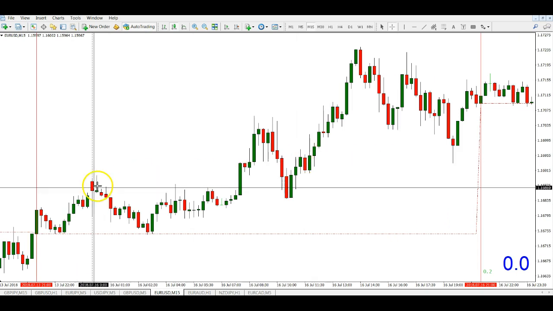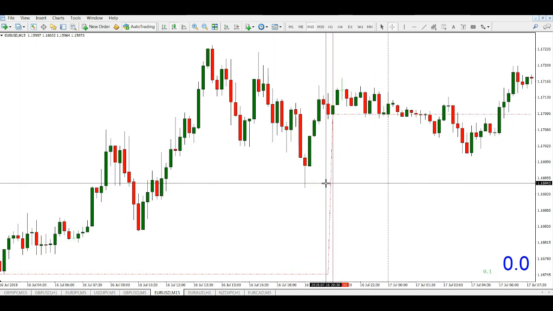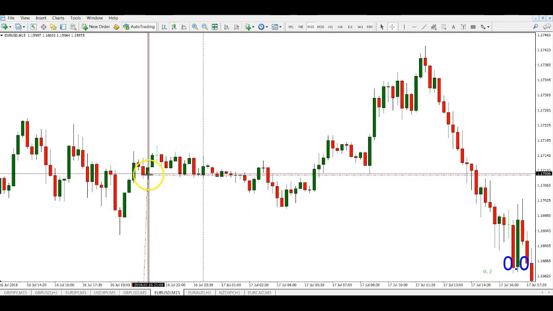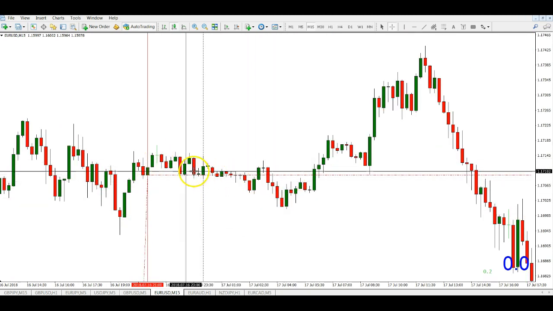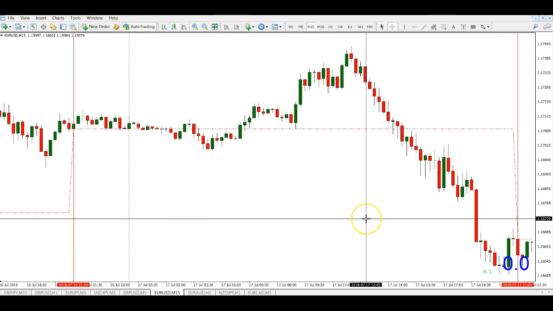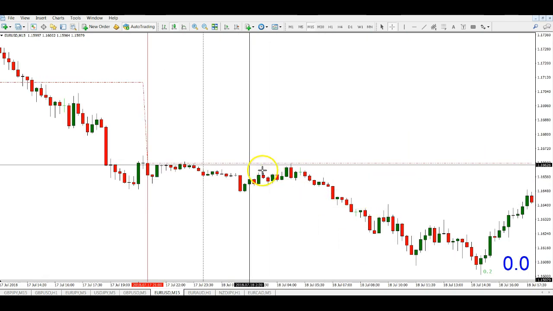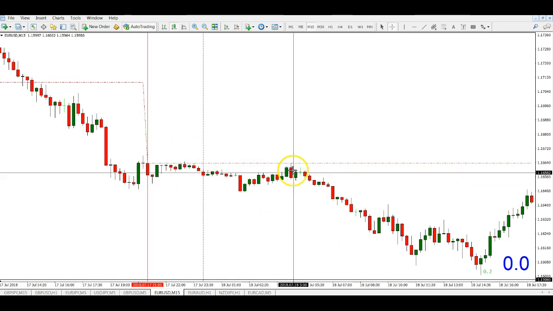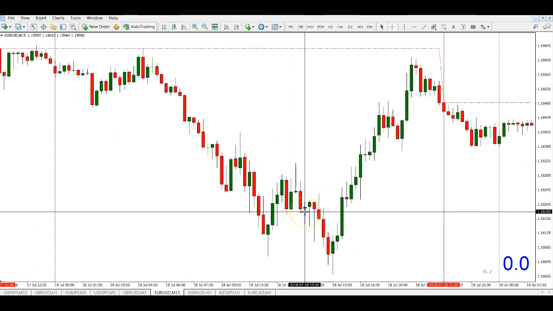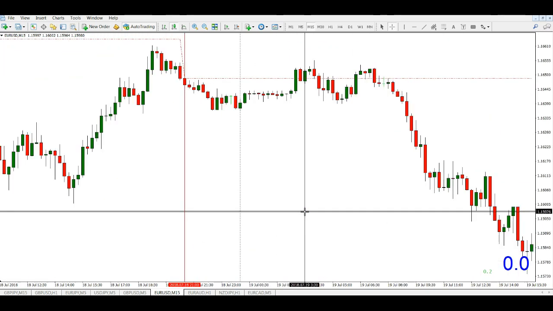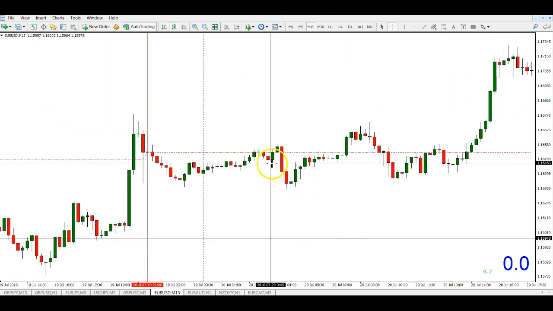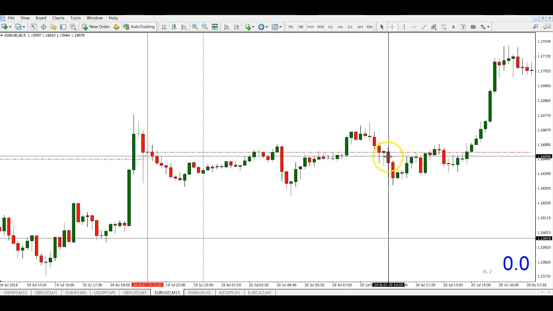I like to trade at 2 p.m. as well. See how all along here price reacts to it. Again, this is about 10 p.m. at night. All the way here.